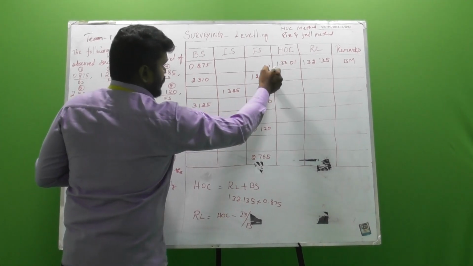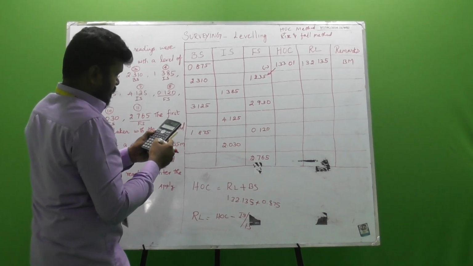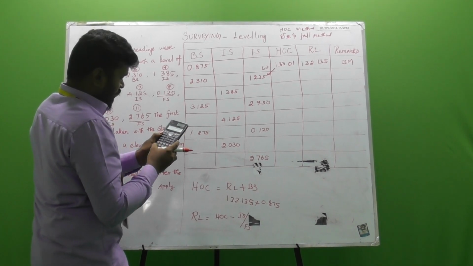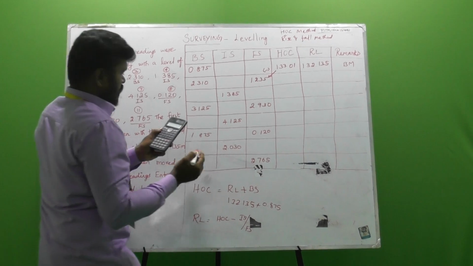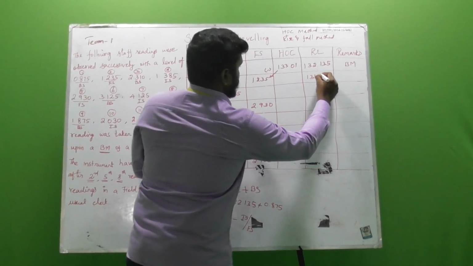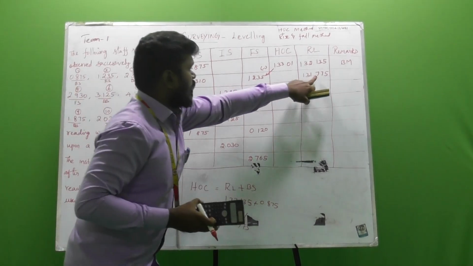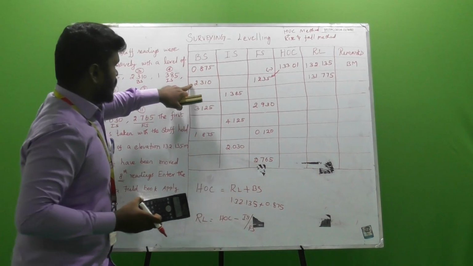So HOC minus FS: 133.01 minus 1.235. So we get the RL value 131.775.